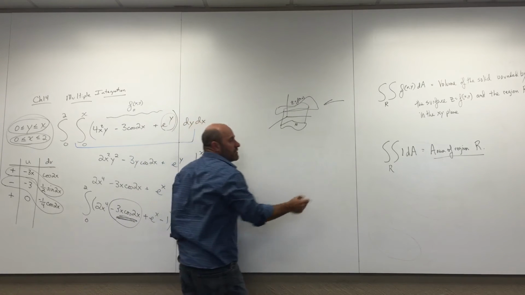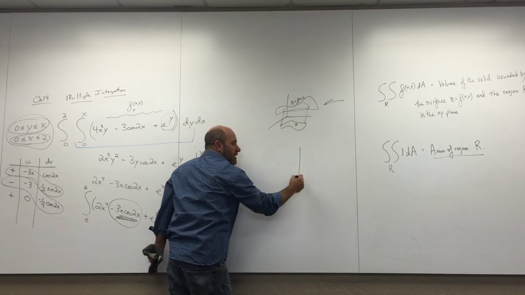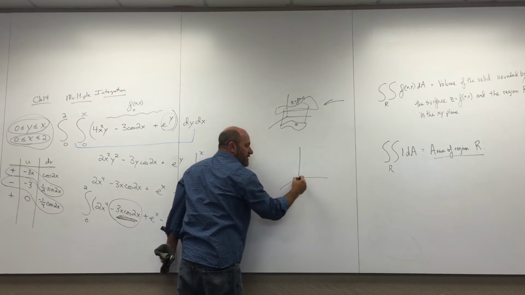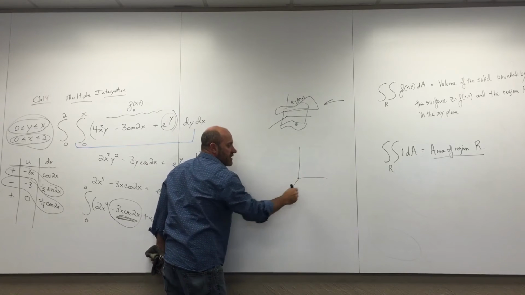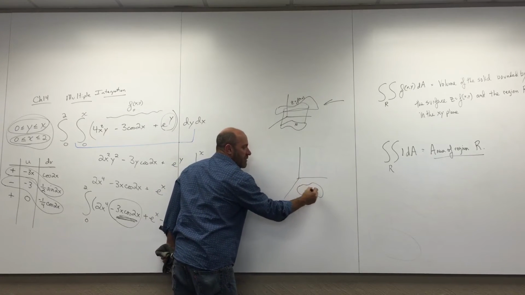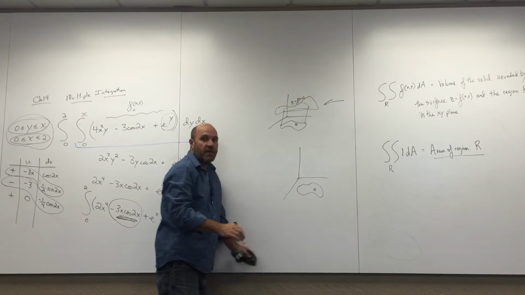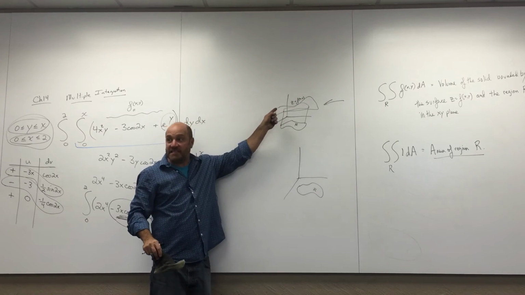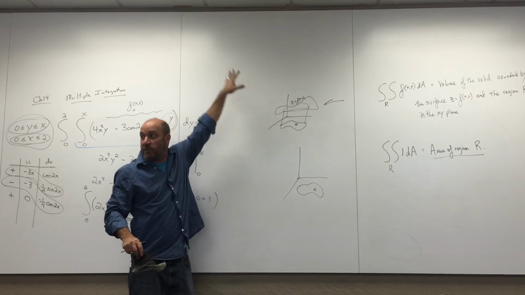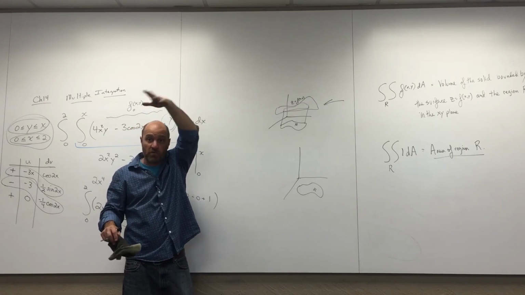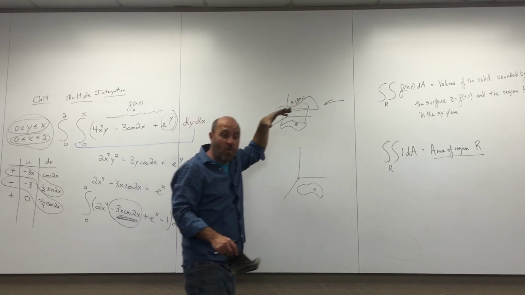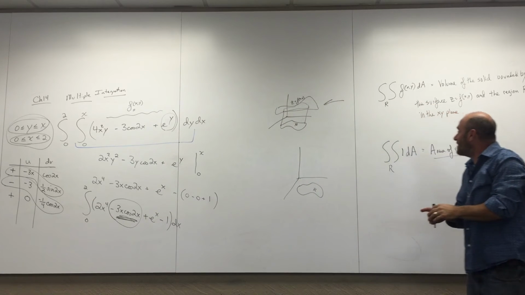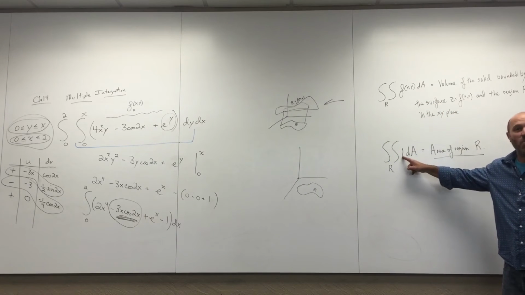Okay, watch this one. In this one, I'm integrating over this region R in the xy plane. On that top one, I had z equals f of x, y. That was my height up there. My function is my height. What is my z in this one, if I wanted to think of it? 1. z is 1.